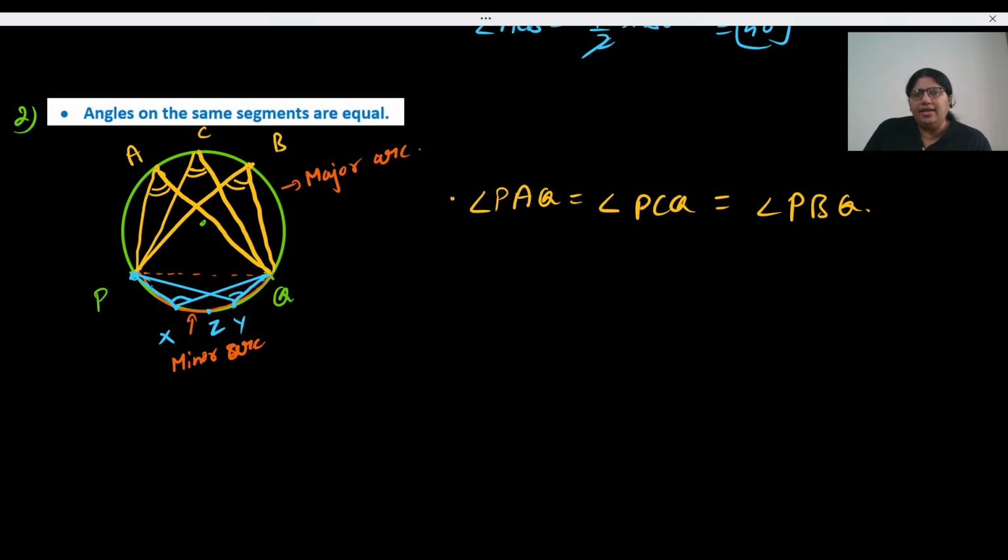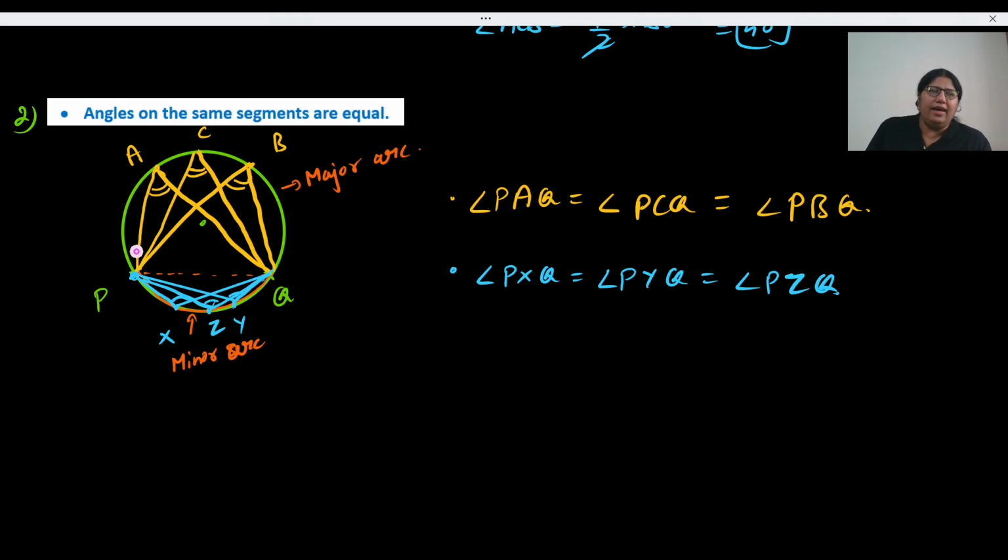Similarly, I can take any number of points on each segment, and the angles are going to be equal. So on the minor segment, I can write angle PXQ will be equal to angle PYQ, which will be equal to angle PZQ.